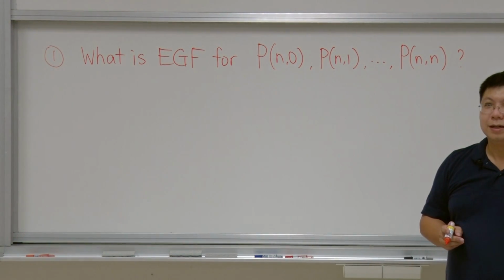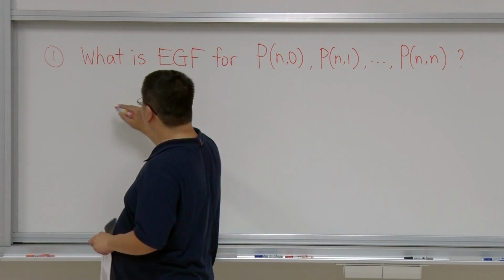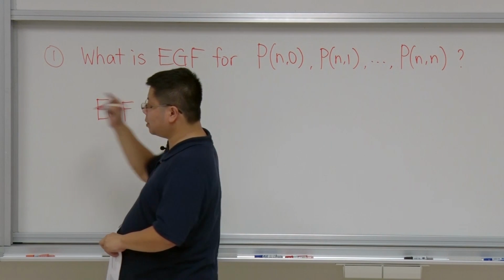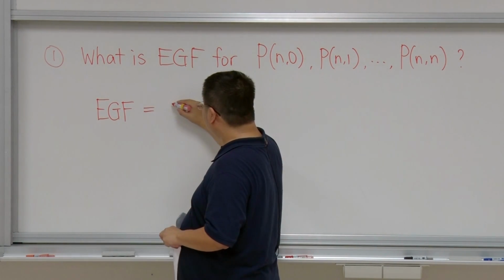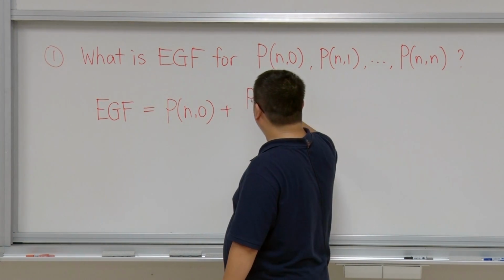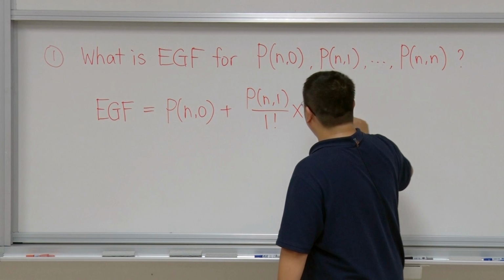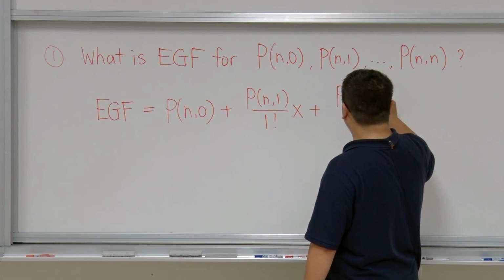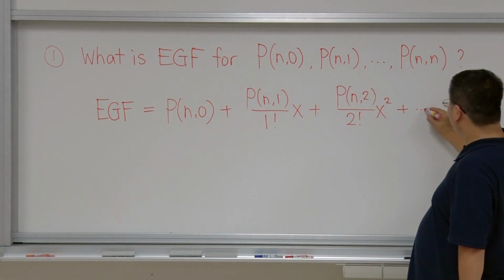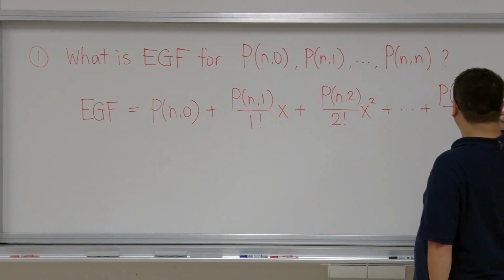What is it? So the EGF, by our definition, just plug it in, will be equal to Pn0 plus Pn1 divided by 1 factorial times x plus Pn2 divided by 2 factorial times x squared plus dot dot dot up to Pnn divided by n factorial times x to the power n.